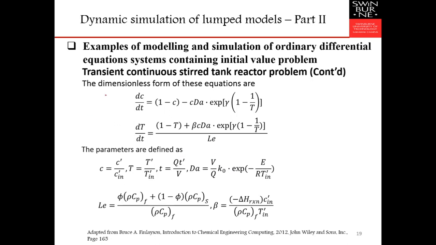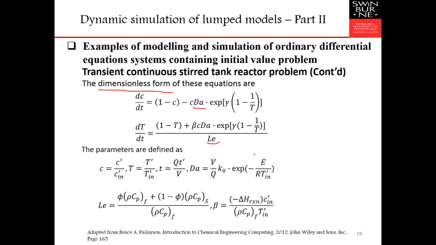We can convert those two equations into the dimensionless form, where Da is the Damköhler number and Le is the Lewis number. These dimensionless numbers have a role in chemical engineering, as they give you a sense of physical significance.